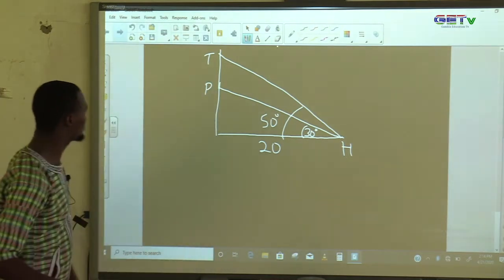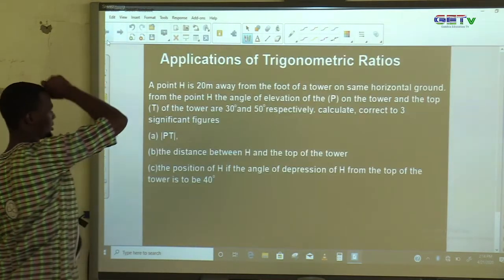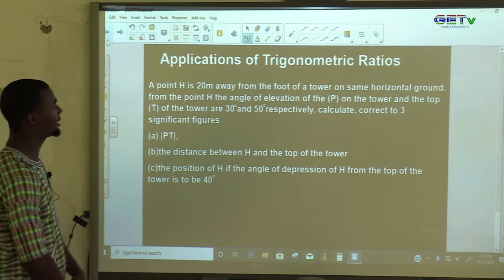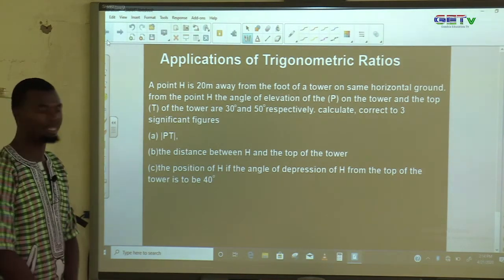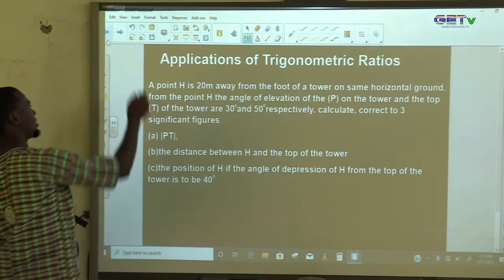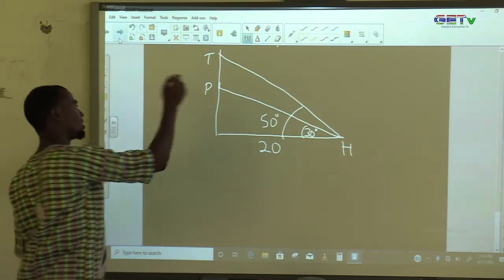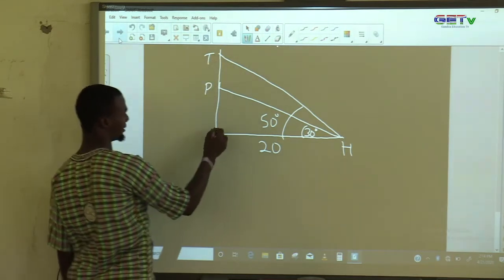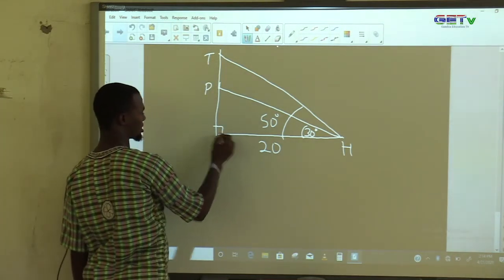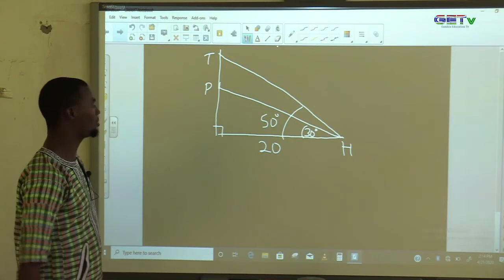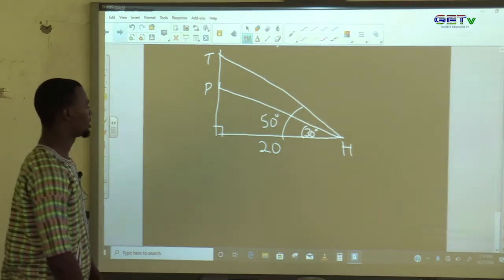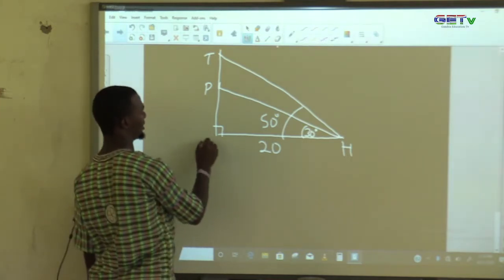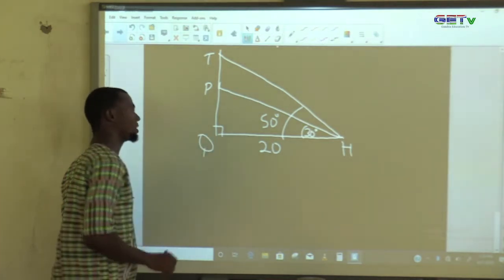What are you asked to calculate? Calculate, correct to three significant figures, PT. This is point P and T. This is a right angle triangle. If you look at this, we have two right angle triangles in this diagram. I'll put Q where the right angle is.